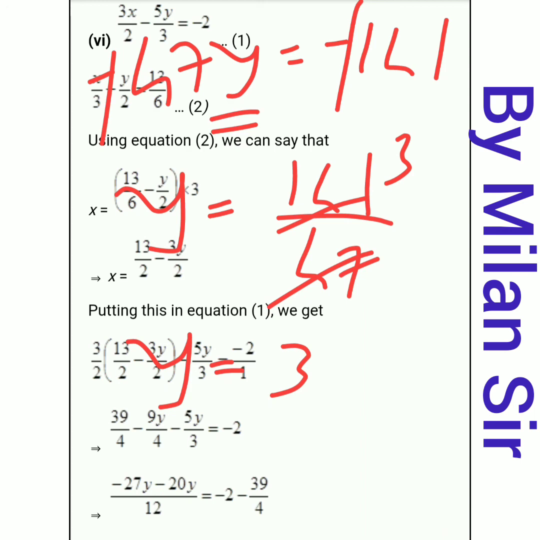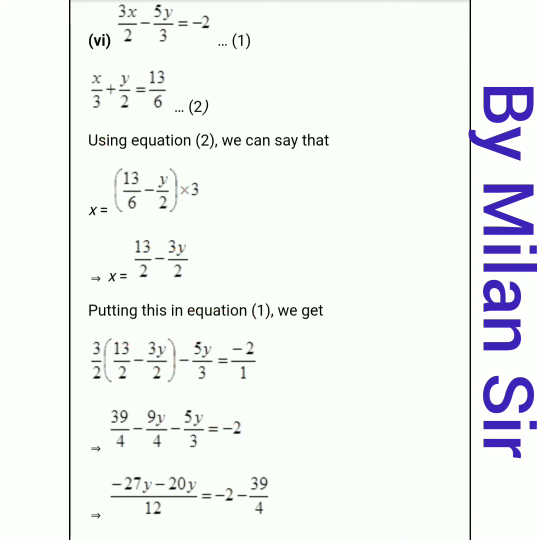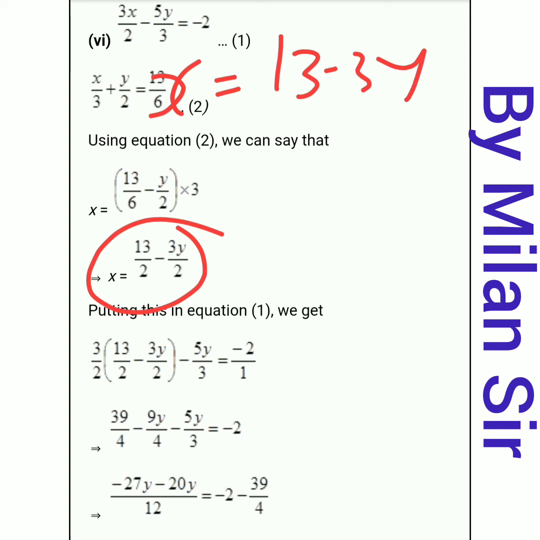Now what we need to do? We need to find our other variable, it is x, right? For finding out variable x, we need to put y is equals to 3 in equation number 3. So we just try to put y is equals to 3 in equation number 3. So our equation number 3 is like this, right? x is equals to 13 minus 3y upon 2.